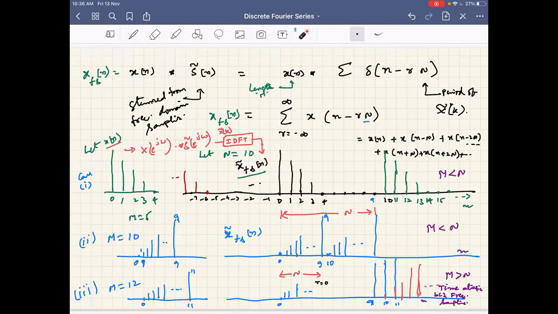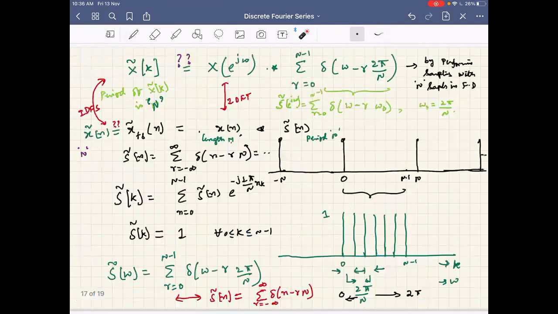It repeats from 0 minus N, that is minus 10. It repeats up to here. So 2 samples will get aliased. Here 2 samples, here 2 samples. So there is time domain aliasing because of what? Because x of n has a larger length than the capital N used for frequency domain sampling.